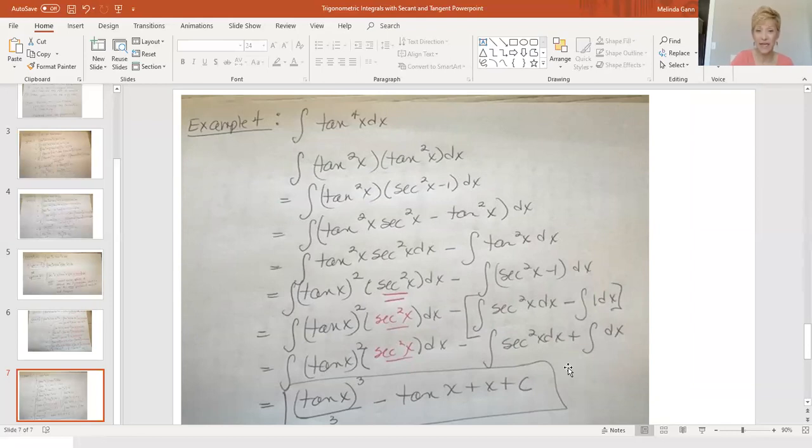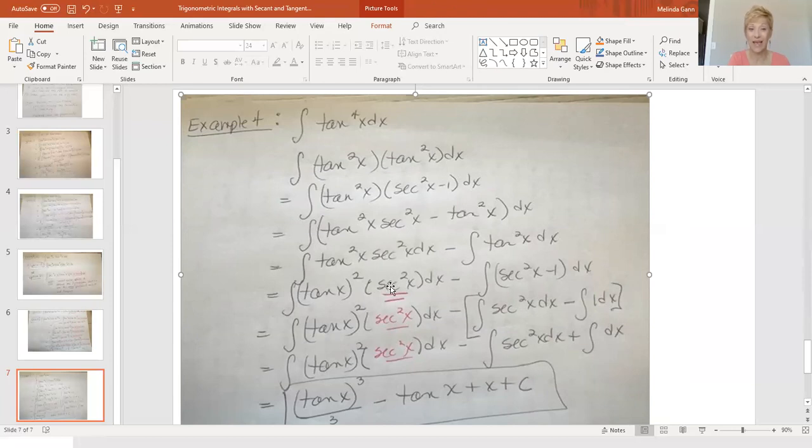If you've only got tangents, change one of your tangent squares to secant squared minus 1. That's that Pythagorean identity. So I looked at tangent to the 4th as a tangent squared times a tangent squared, and then substituted for one of those. Then when you multiply it out, secant squared is the derivative of tangent, so this one I can already work.